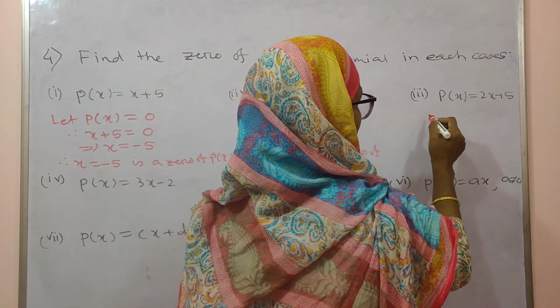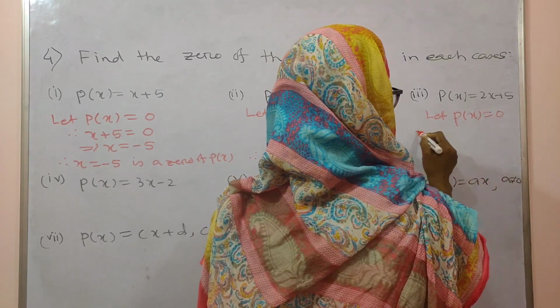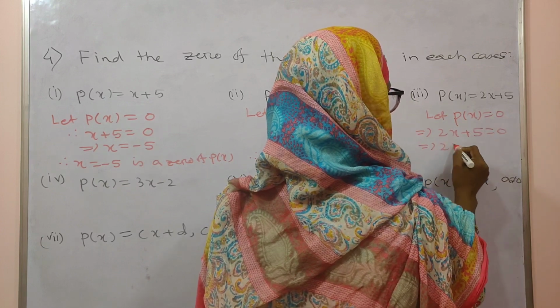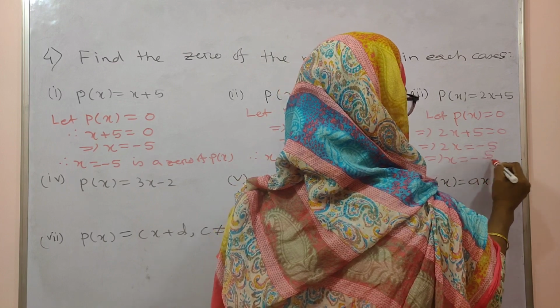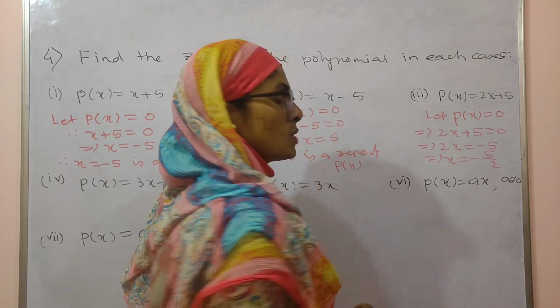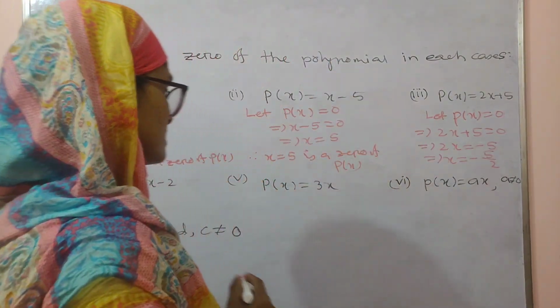Similarly, number 3, let p of x equal to 0 or 2x plus 5 equal to 0 or 2x equal to minus 5 or x equal to minus 5 by 2. Now you have to write here, therefore x equal to minus 5 by 2 is a 0 of p of x.